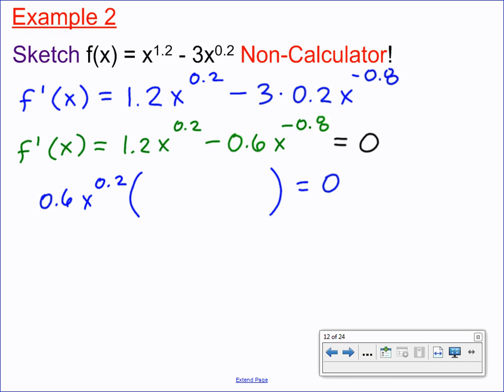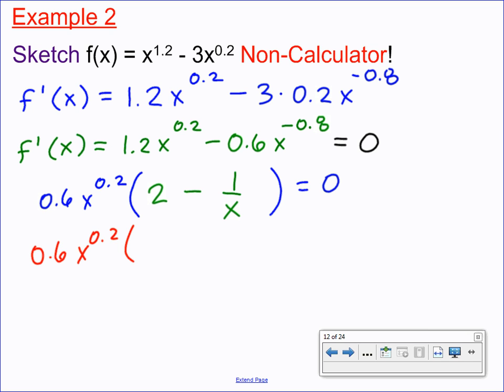That would leave us with 2 minus 1 x to the, and now x to the 0.2 times what equals x to the 0.8? What's that? 1 over x. So x to the negative 1? A final rewrite, and I think we'll be good to go.